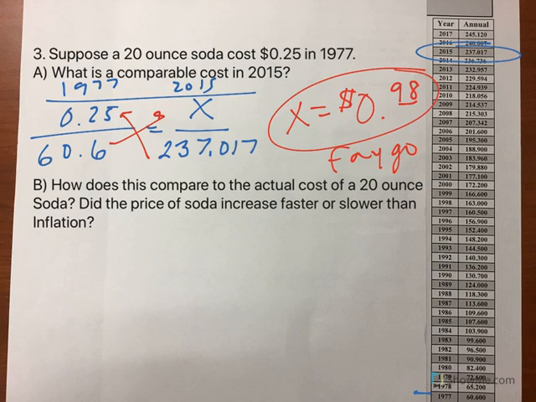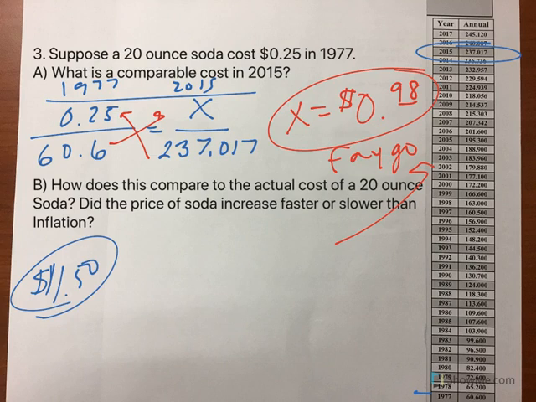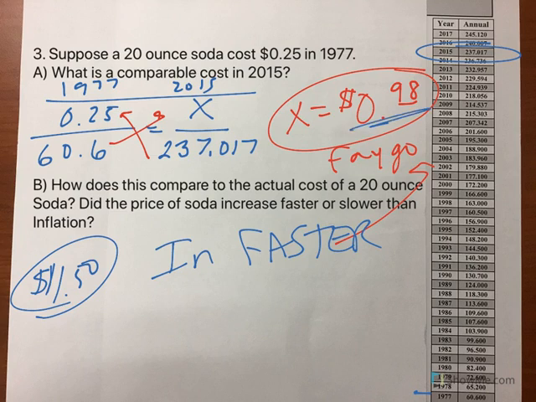So anyway, how does this compare? Oh, that's what we just talked about. So I'm going to say the average price of a soda right now is $1.50. That's what I'm just going to throw out. Therefore, this has increased faster than inflation, because with inflation, pop should just be 98 cents for that bottle, but it's really closer to $1.50.